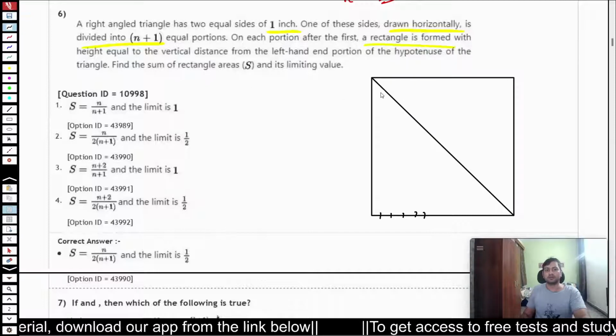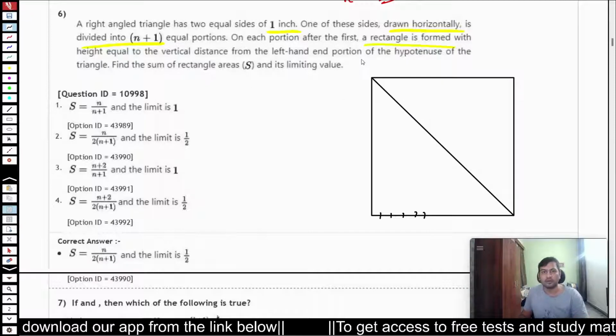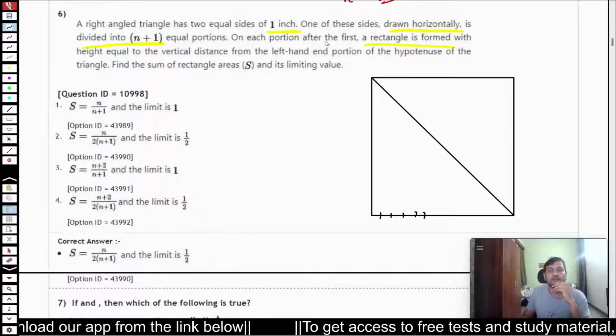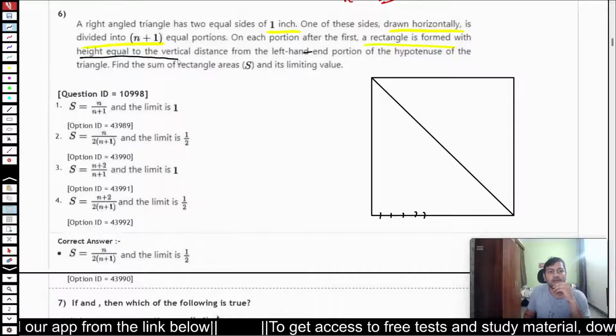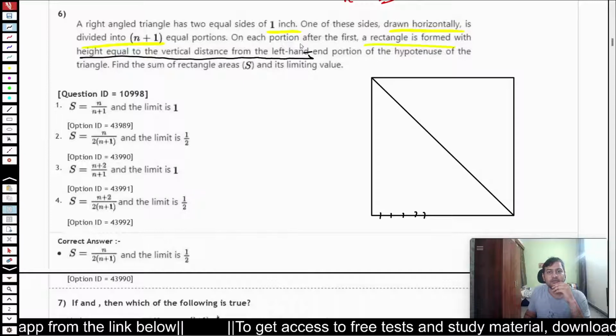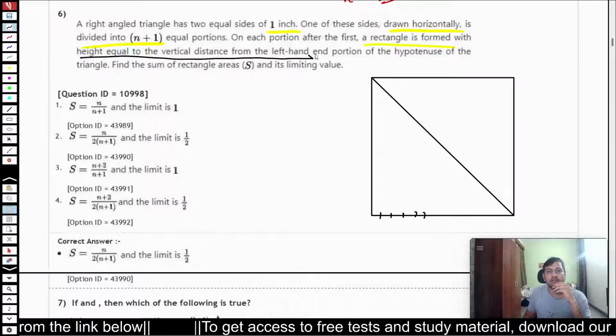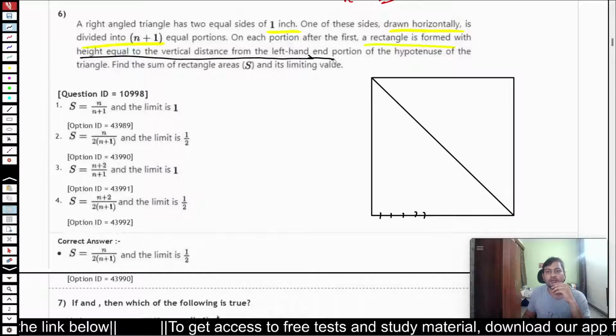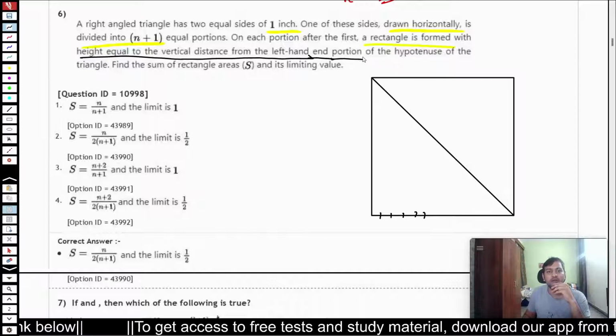So here the height is very crucial. Height equal to the vertical distance from the left hand end portion of the hypotenuse of the triangle.